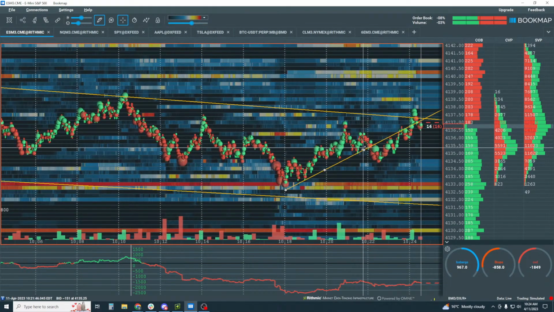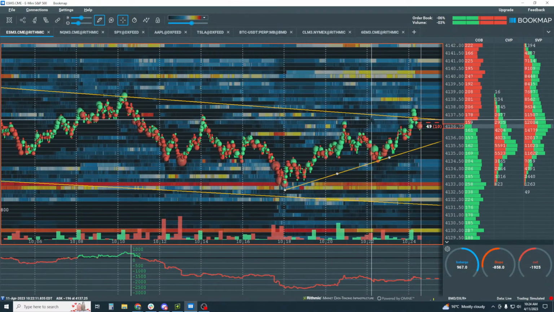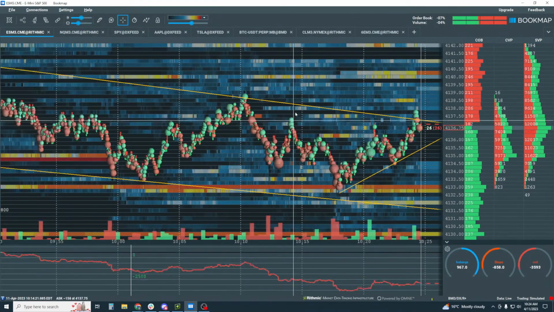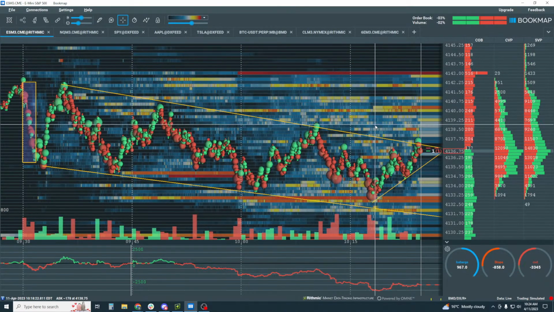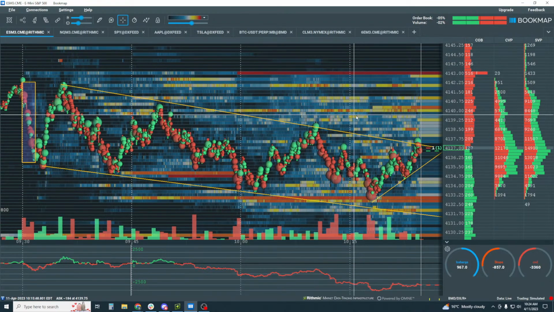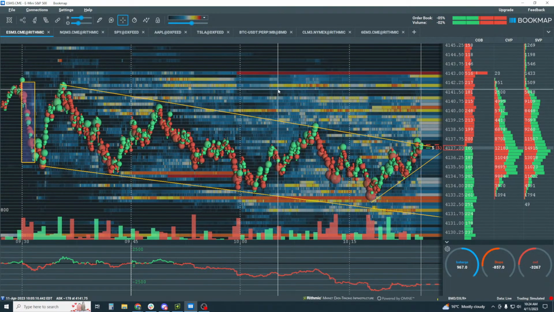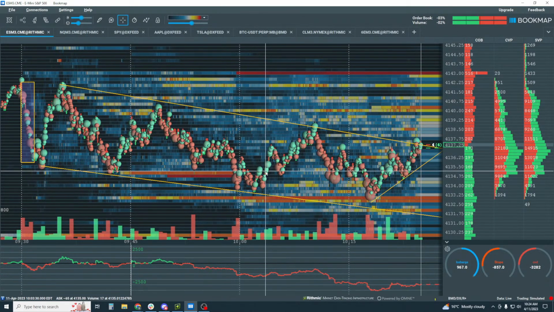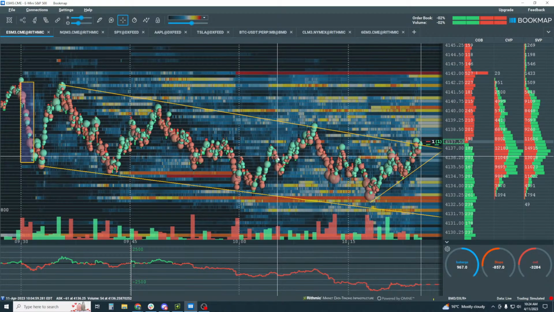And we're going to adjust this a little bit. The other thing that I was just mentioning is the speed of moves. We want to be very attentive of the speed of these moves too. We want to see big buying or big selling, and also the slant of the move.